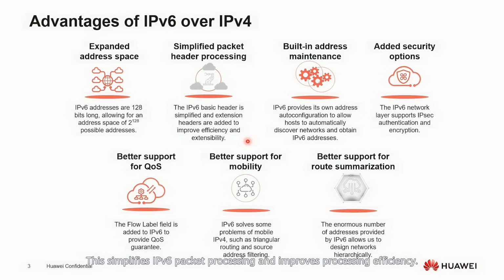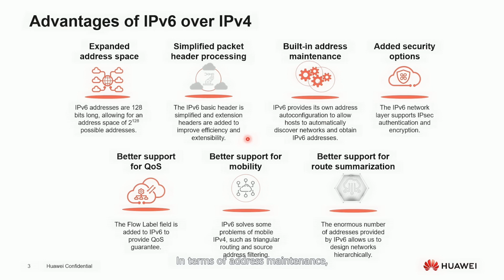This simplifies IPv6 packet processing and improves processing efficiency. In addition, IPv6 utilizes extension headers to support various options without requiring modification of the existing packet format, offering exceptional flexibility while keeping packet headers simple.